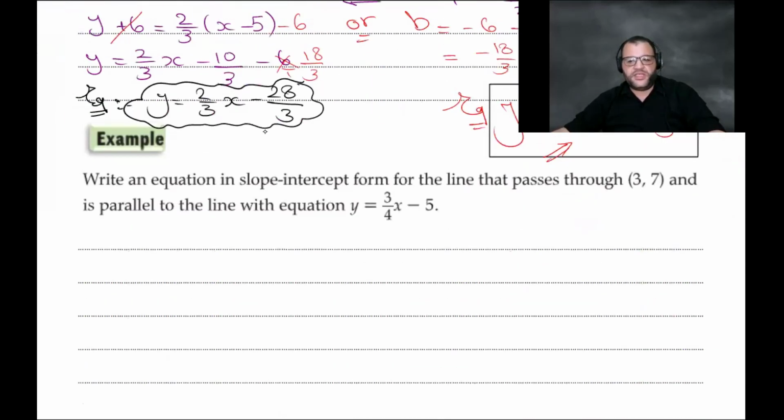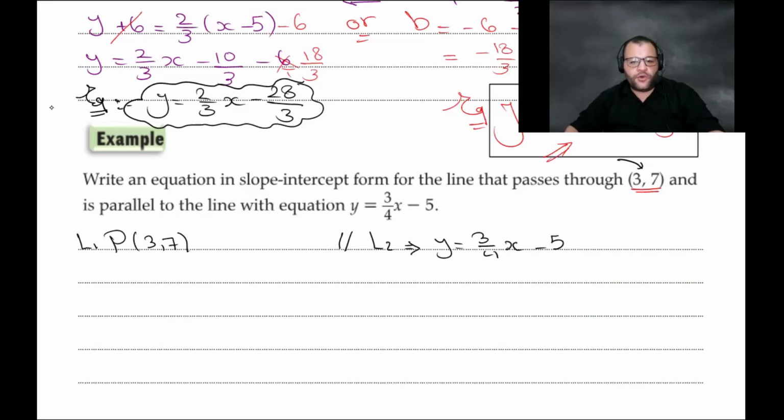Okay. That is the same question. We need to write an equation in slope-intercept form for the line which is passing through the point (3, 7) and is parallel to line 2. What is the equation for line 2? y equals 3 over 4 x minus 5.